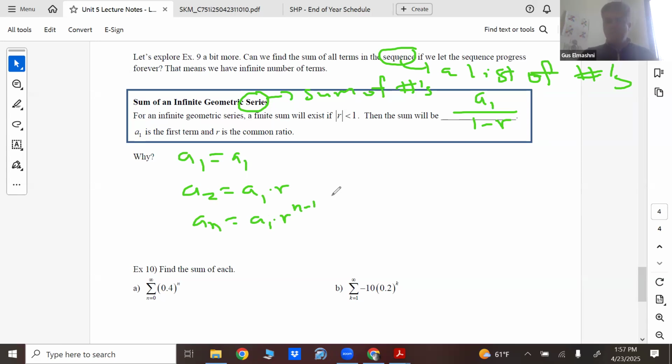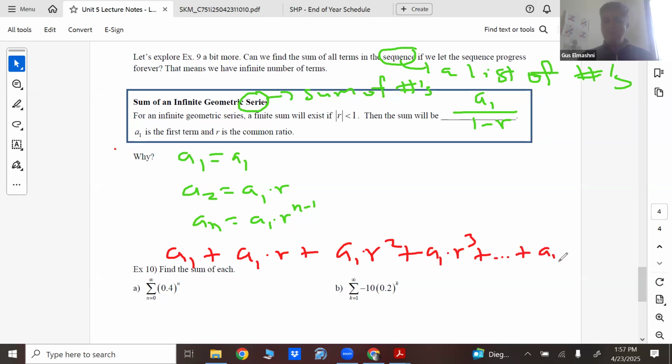So if you add all these up, wouldn't it look like this? I'll do some red so it stands out. The first term's a1. The second term's a1 times r. The next term's a1 times r squared. The next term's a1 times r cubed. Plus dot, dot, dot, a1 times r raised to the n minus 1 power.